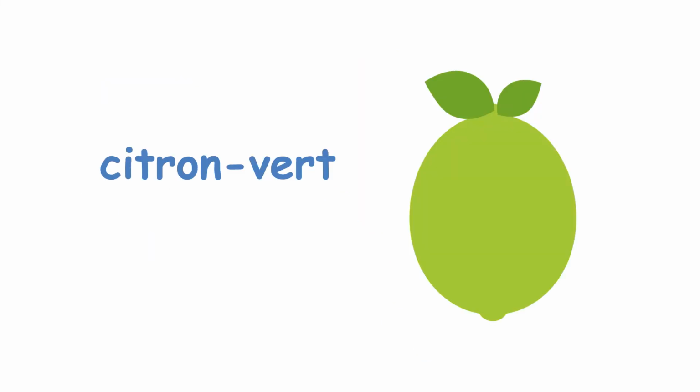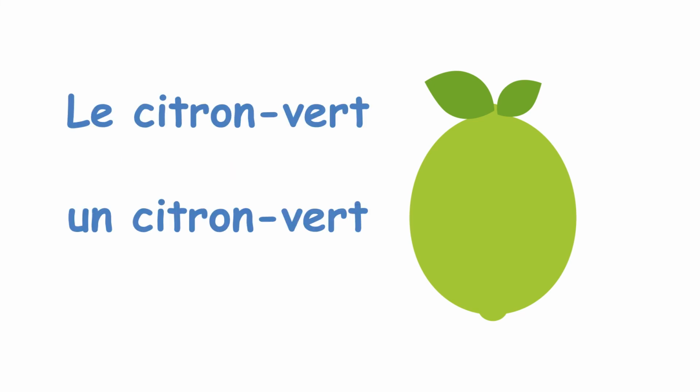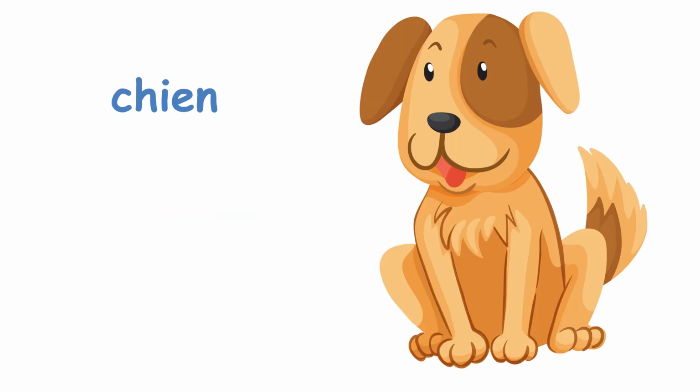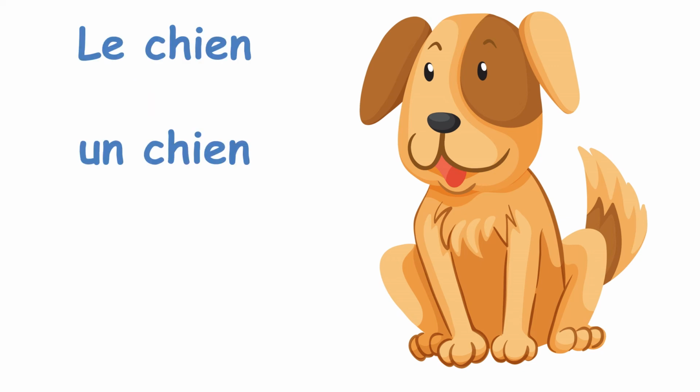Citron vert, masculin ou féminin? Masculin. Bravo. Le citron vert. Un citron vert. And it's got the T at the end. Consonant at the end. Chien. Masculin ou féminin? Masculin. Le chien. Un chien.